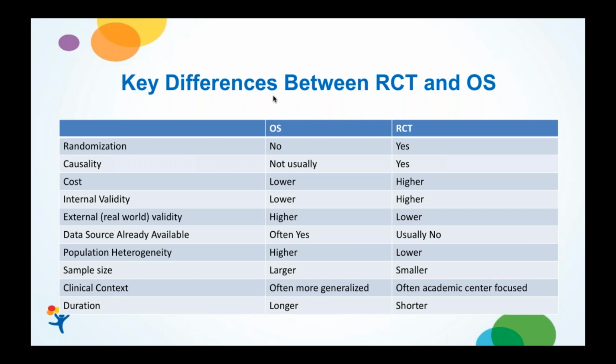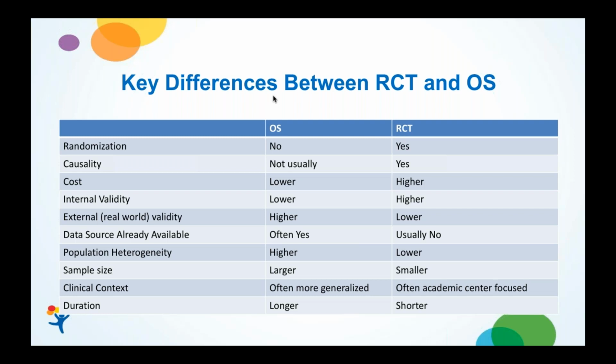And then the clinical context. So, most RCTs happen in academic centers or pseudo-academic centers, places that are set up for research, whereas observational studies are a lot more varied, and that gets back to this idea of them being real world.